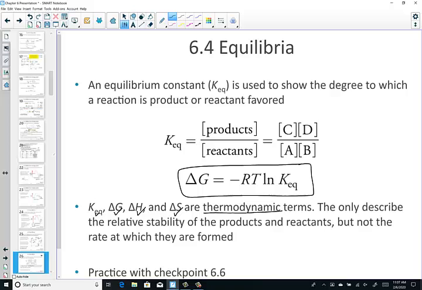They really just describe the relative stability of the products and the reactants. What they do not tell us anything about is how long it takes for the reactants to convert to products. There's no kinetics information. Remember that when you're calculating here, we have to use 8.31 as the gas constant. T has to be in the Kelvin scale. These will come out in kilojoules of energy. This has no units.